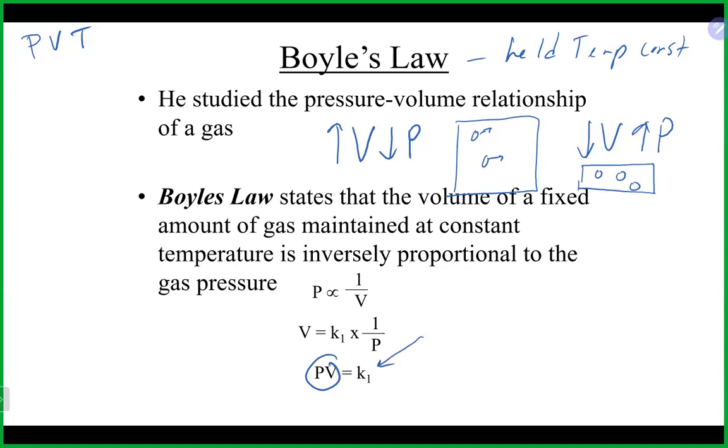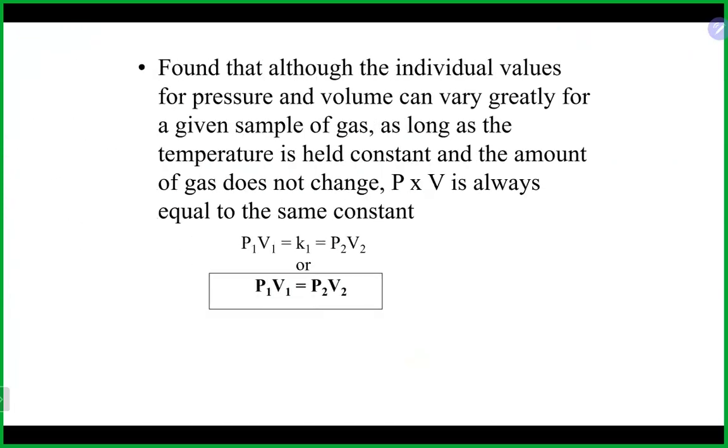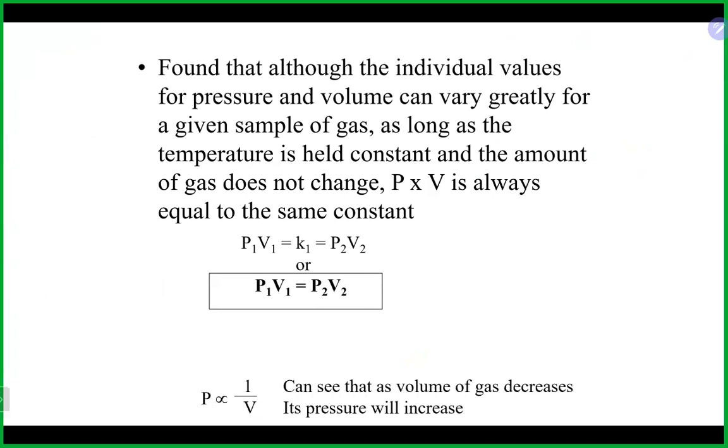Because they always equal the same number, you can set up a gas law like Boyle's law, which is P1 V1 equals P2 V2. Since both equal the same number, you can set them equal to each other.